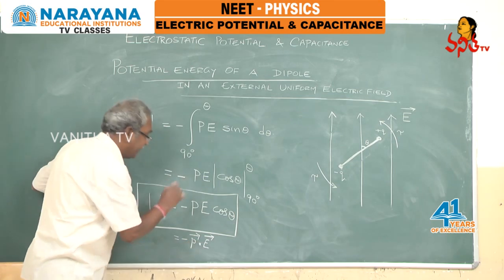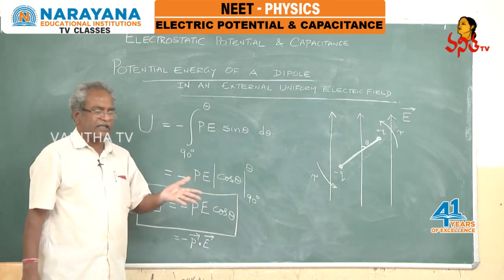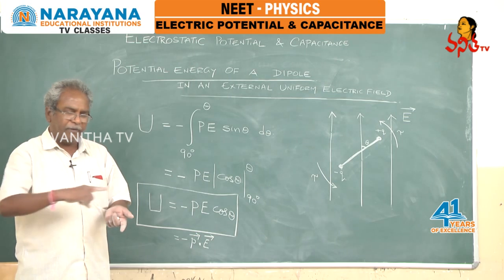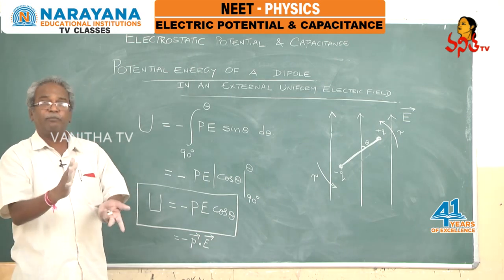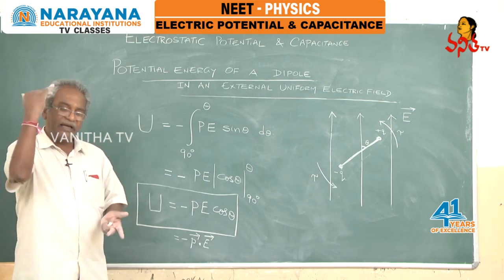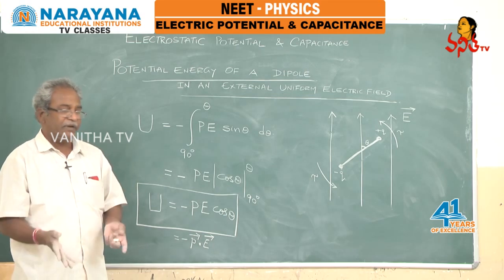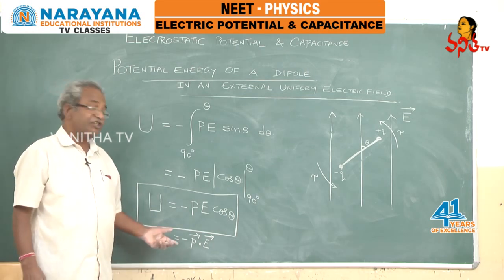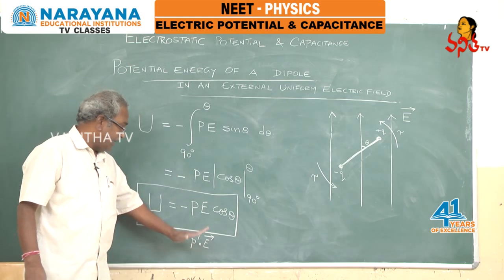Potential energy means somebody has done the work. Somebody has done the work to rotate it from the perpendicular position to that particular position. That work done against the electric field will appear as what? Electrostatic potential energy of the particular dipole over here.